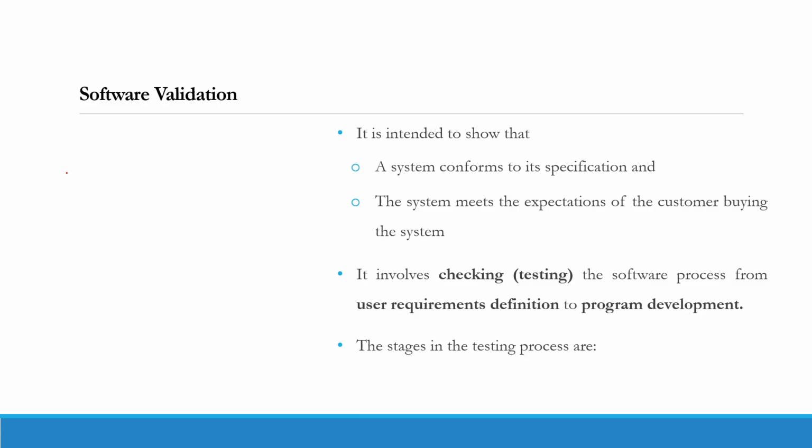In general, software validation is checking or testing the software from the requirement definition to program development. Previously, in the software design and implementation, we designed the structure of the software and the algorithms, and in the software specification part, we also specified the set of requirements.